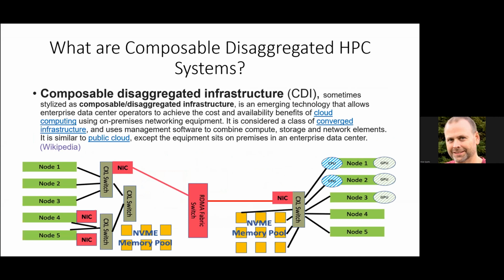So we have composable disaggregated systems, and if we look here, there's a lot of things going on in this picture. We have pools of memory, and we have remote resources. Everything in the local region is connected by CXL switches, and we have an RDMA network linking more remote pools of resources.